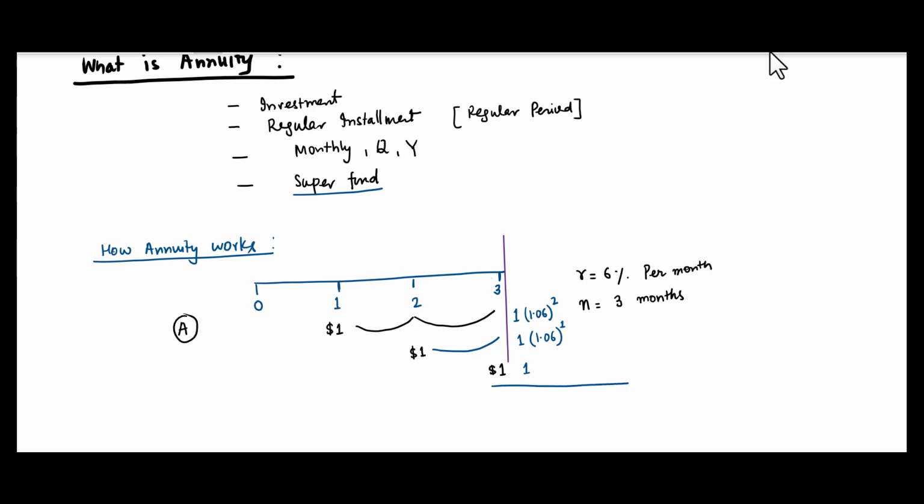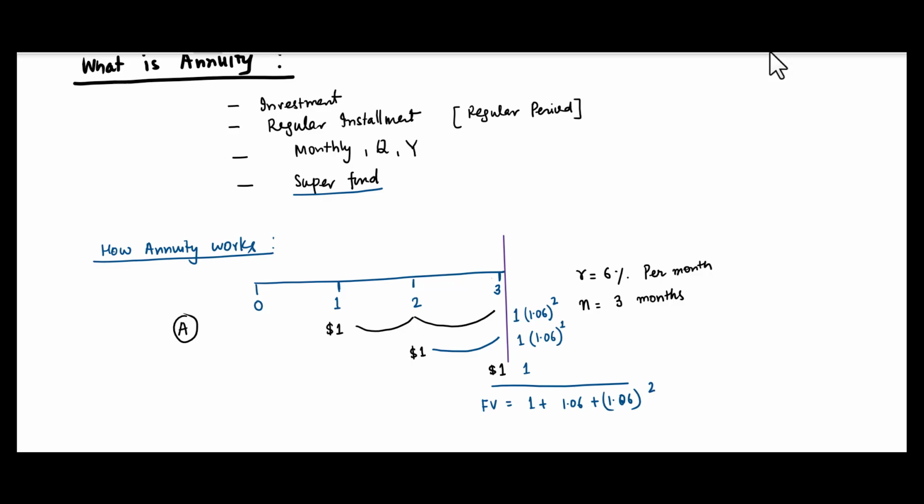If you add all these things, the value you get, we call it the future value or the investment value, after this third period is 1 plus 1.06 plus 1.06 squared.